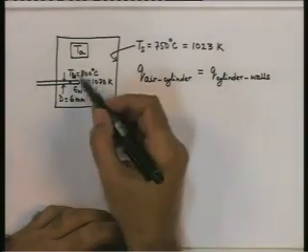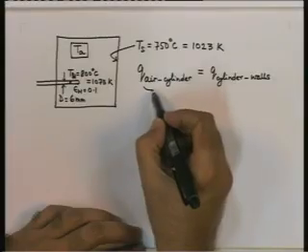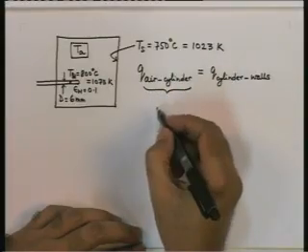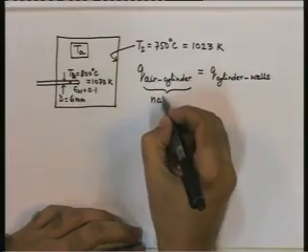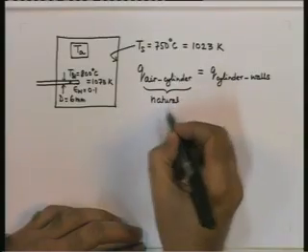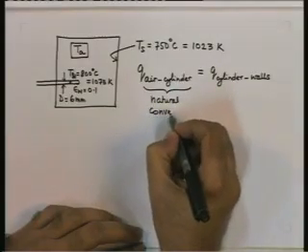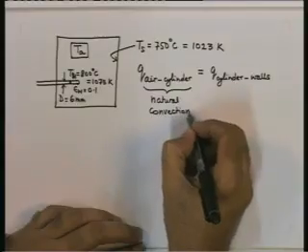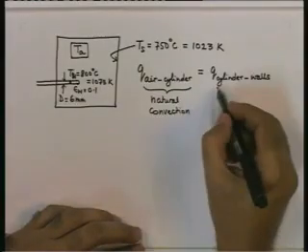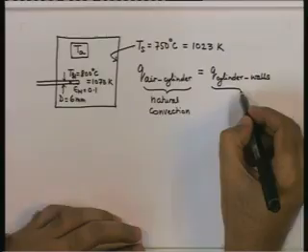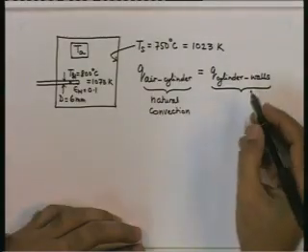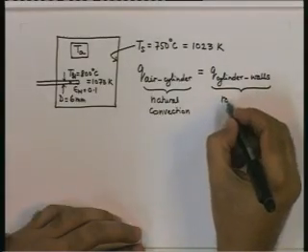The heat transfer from the air to the cylinder, because it is in an enclosure, there is no bulk flow, this will be by natural convection, and the heat transfer from the cylinder to the walls will be by radiation.